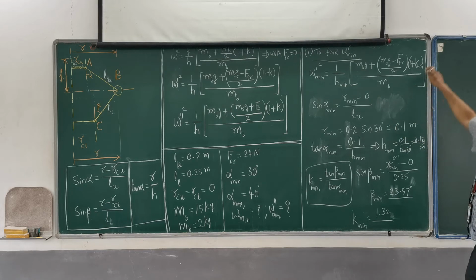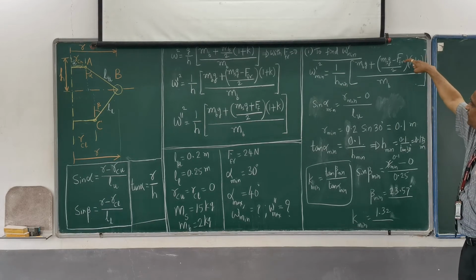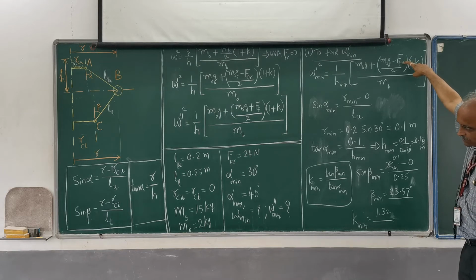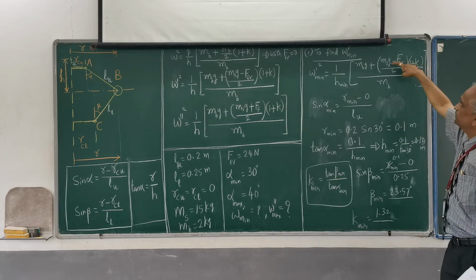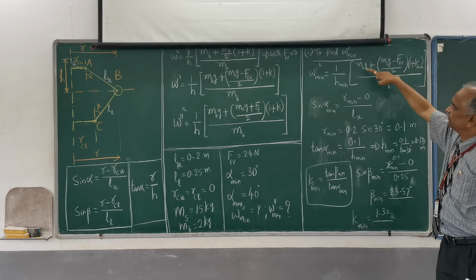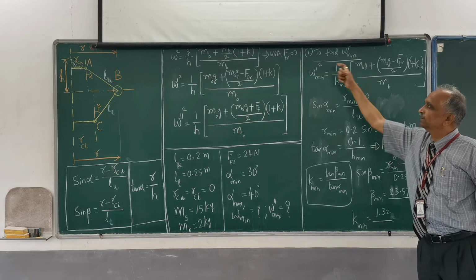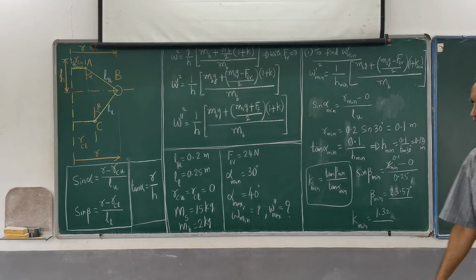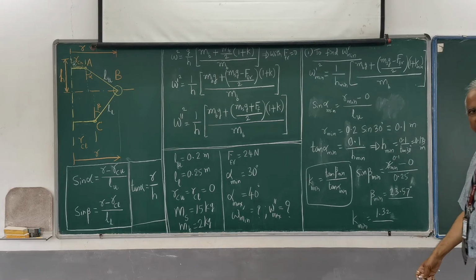Okay, so now K minimum is known, FR is known, that is 24 Newton. G value is 9.8. MS is 15 kg. So MB is known. All the values are known, and therefore you can easily find out omega dash square and take the square root. You come to know omega dash.